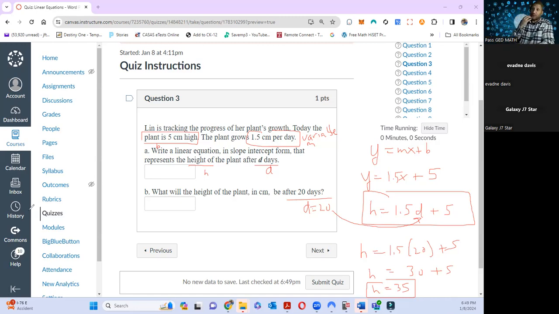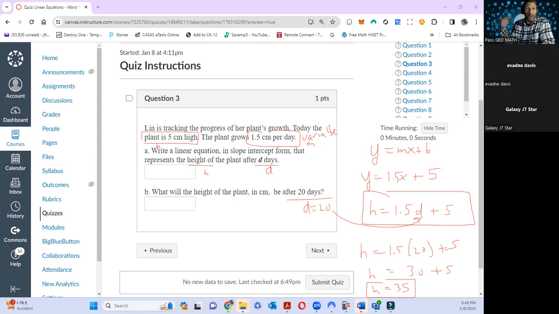Okay? So those are the things you have to take your time with when you're doing these problems. Identify what form, slope-intercept form or standard form. Identify your variable. Identify what's given, and you work at them. It doesn't matter if you get it wrong, but you have to work at it until you fully understand it.